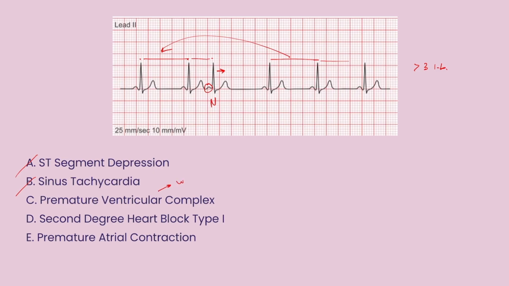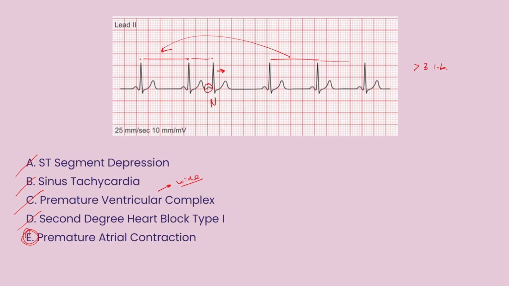Well, remember, if this was ventricular, we'd expect it to be wide, but it's not. Second degree heart block type 1, we're not seeing any sorts of variation in our PR interval, so it's not that. And that brings us to our answer, premature atrial contraction. We have a P wave. Starts in the atria. Our QRS is narrow. It just came early. Okay?